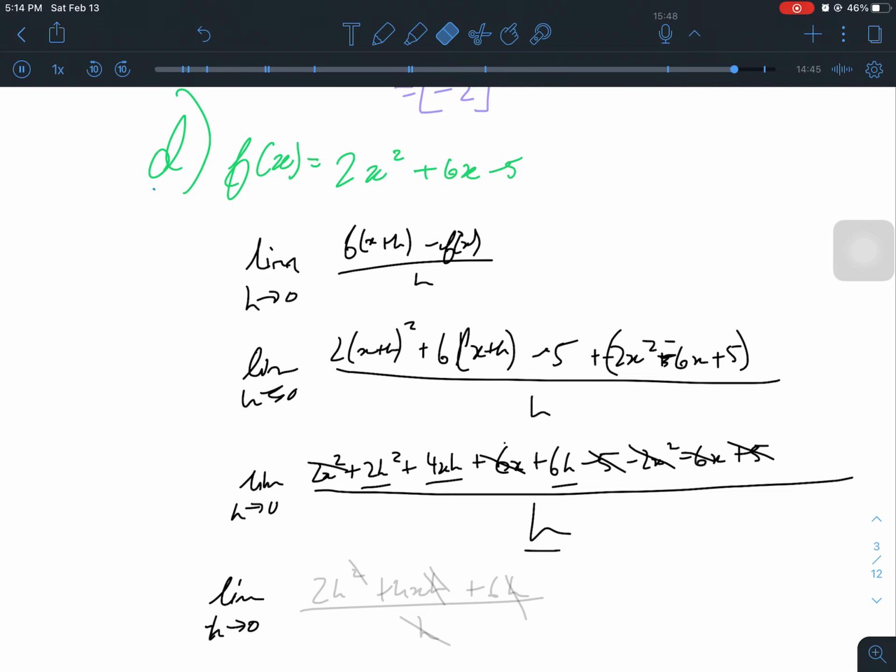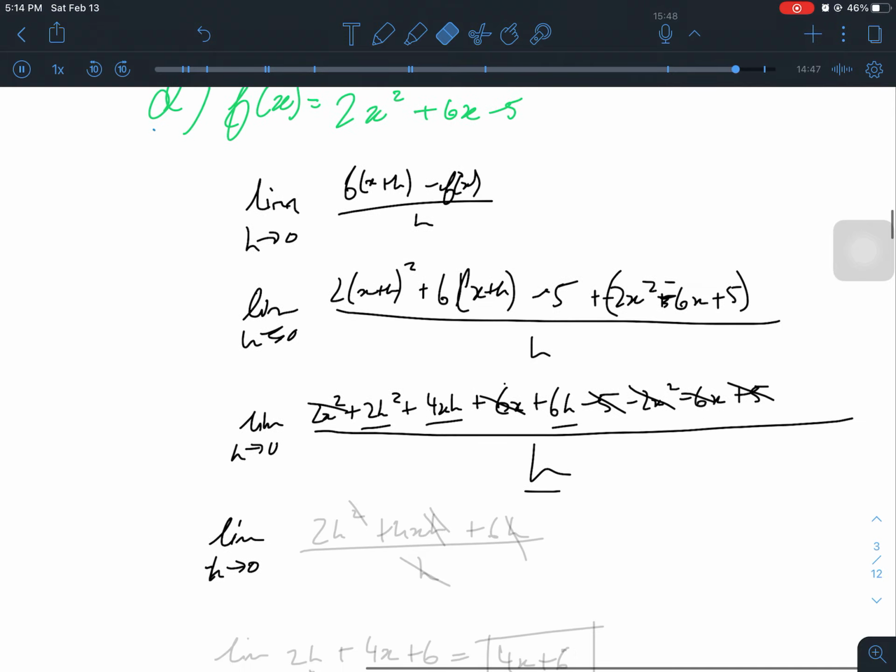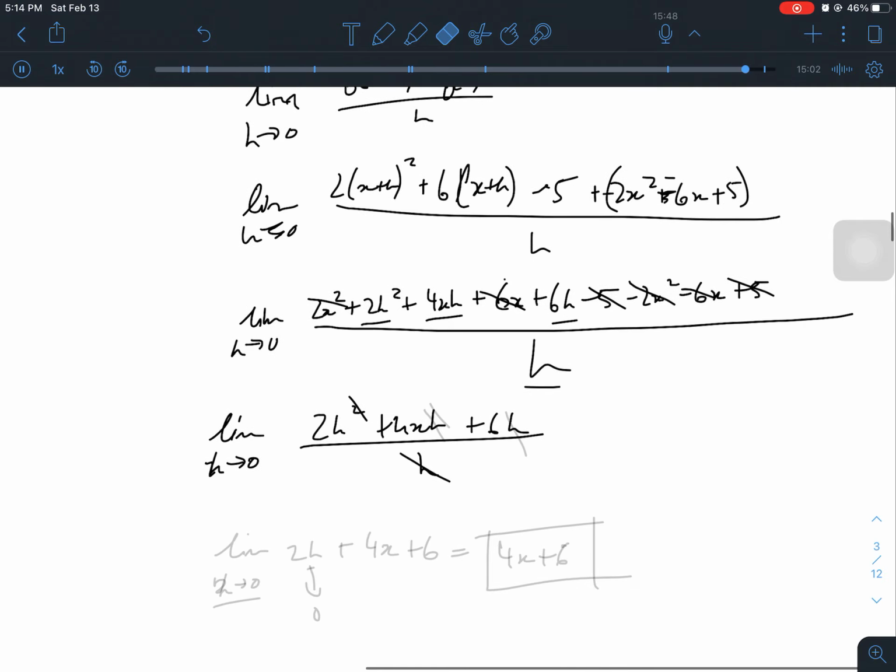Yep. And then let's take out the h's here. Right? 2h squared plus 4xh plus 6h over h. Okay, so since this is squared, take out the squared, and then this h becomes 1, this h becomes 1.